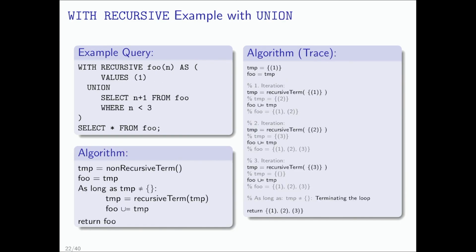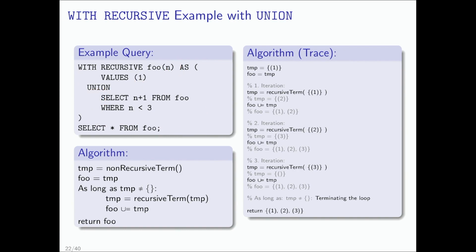Let's walk through an example. So let's assume you have this recursive query. The non-recursive term just returns a single tuple with a single attribute that has the attribute name n and the attribute value 1. Then the recursive term selects n plus 1 from relation foo.